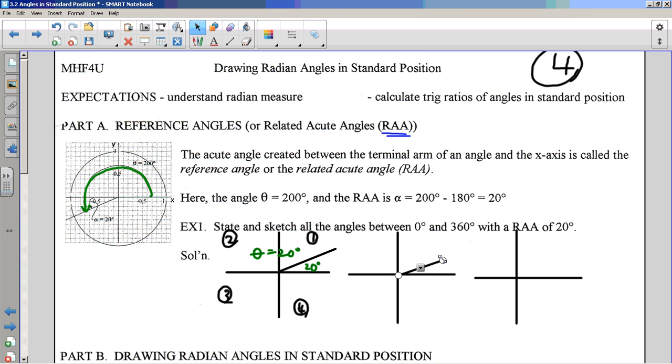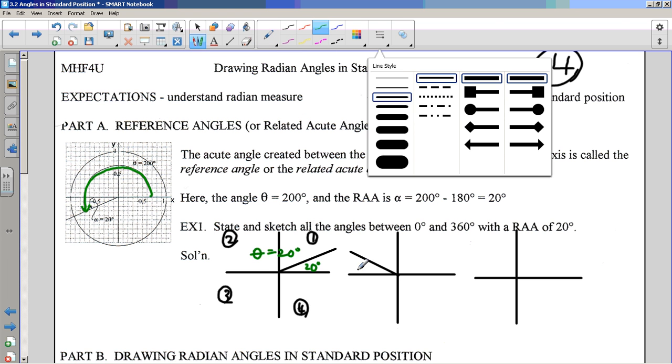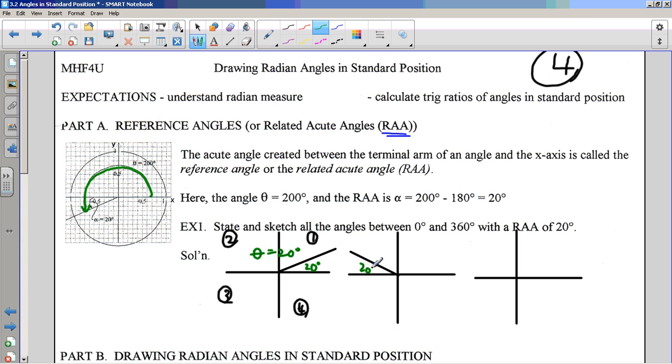Now if I have a related acute angle of 20 in the second quadrant, it's always measured to the x-axis, then this is my angle theta. And what angle am I talking about? Well, it's 180 minus 20, which is 160 degrees.